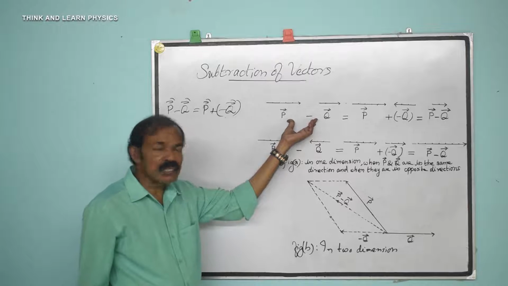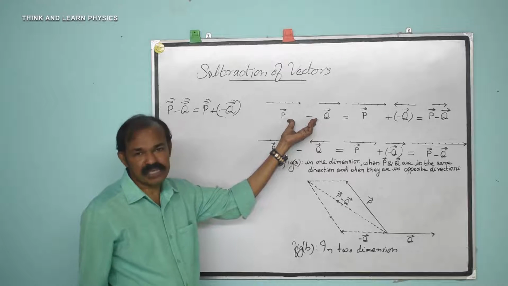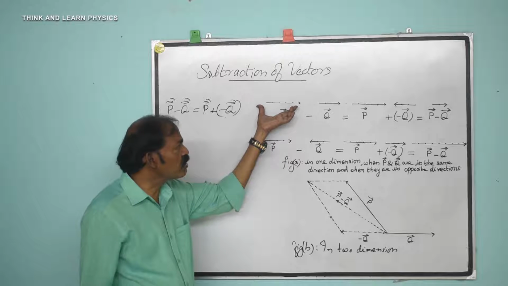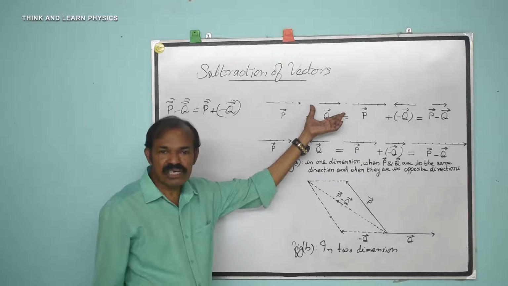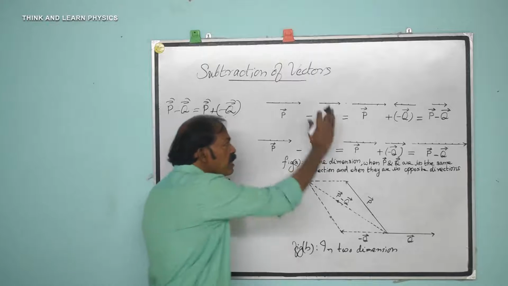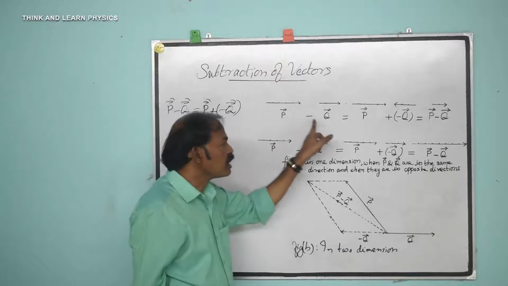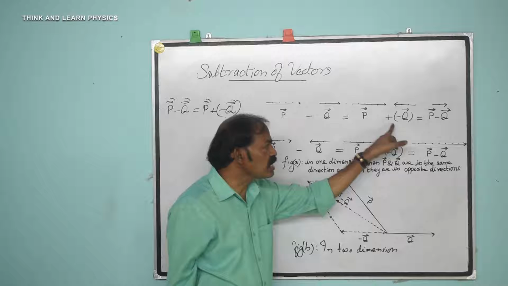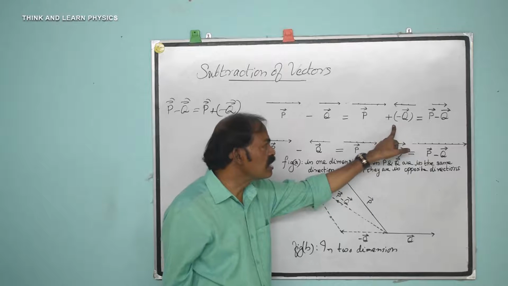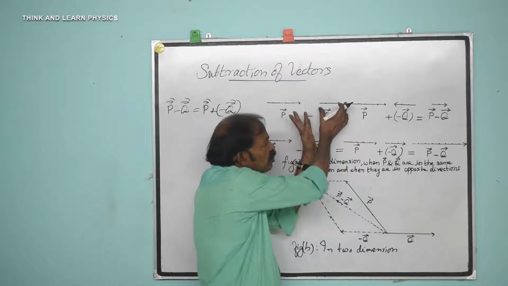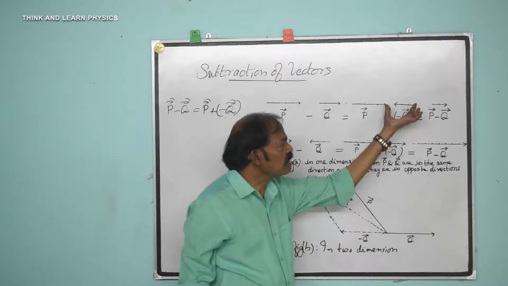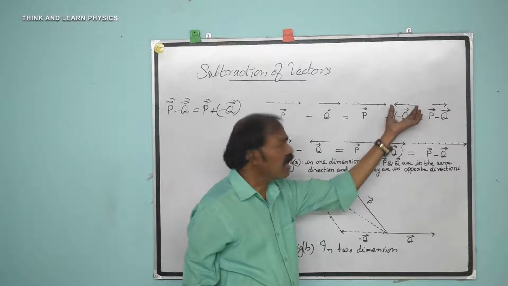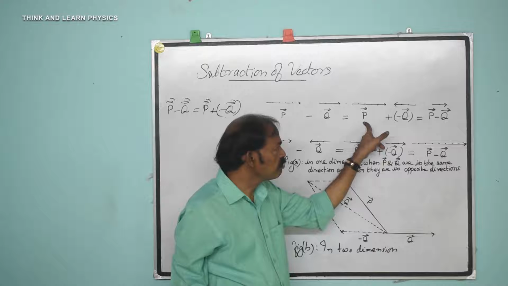In this case, the two vectors are acting in the same direction. This vector has a magnitude of 5 units and this vector has a magnitude of 3 units. They are in the same direction. Then p vector minus q vector means p vector plus minus q vector. That means the vector q vector is reversed. That means this is the vector minus q vector and then added to p vector.